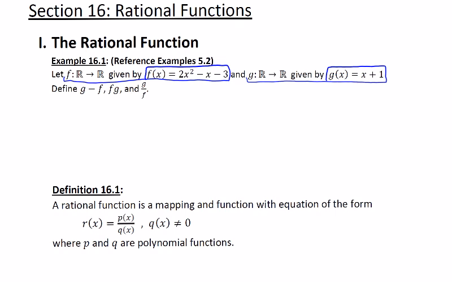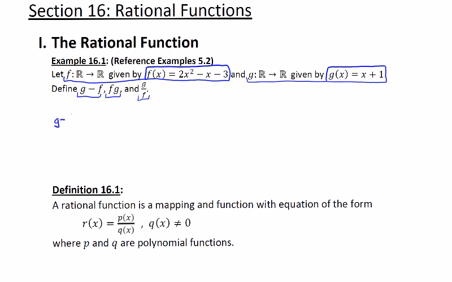So on this particular example, I want you to define g minus f, f times g, and then g divided by f. Since we've already done this example back in section 5, I want us to use this as a means to get us into the definition for the rational function. So I'm going to give you these results. G minus f.